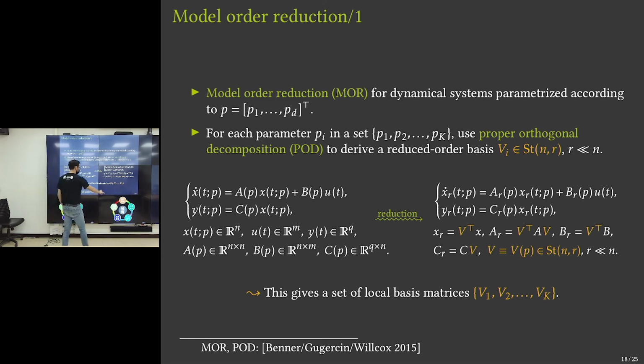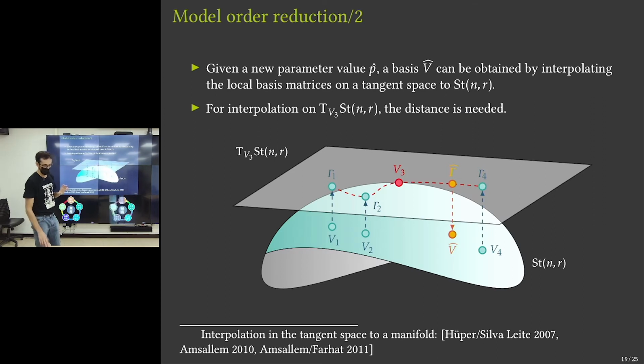All these matrices are orthonormal, so they are like points on the Stiefel manifold. This is the setting, and that's the point at which the Stiefel manifold enters in. So now, what is the problem that they consider in this field? Let's say that you have a new parameter value p hat.